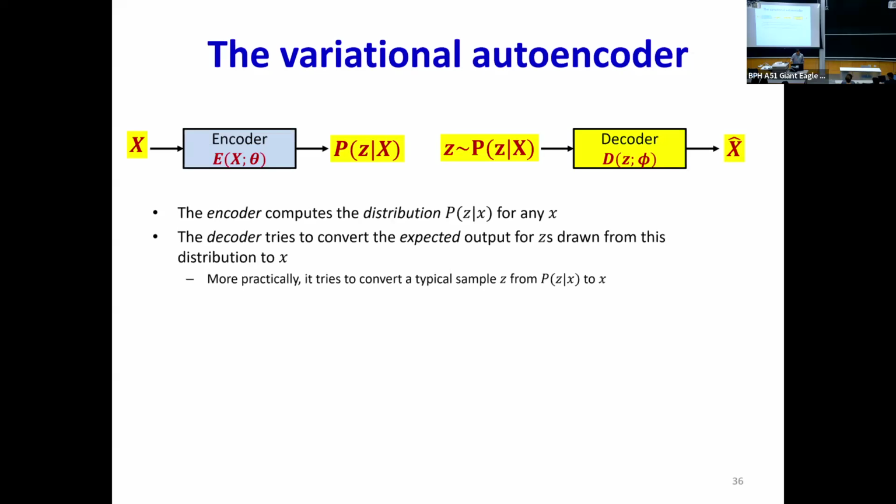And so you want the decoder to convert the expected output from z's drawn from this distribution to your x, right? But again, characterizing this expected distribution for this nonlinear complex function is hard. So more practically, what the decoder will try to do is to convert a typical sample z drawn from this posterior distribution P of z given x to x.